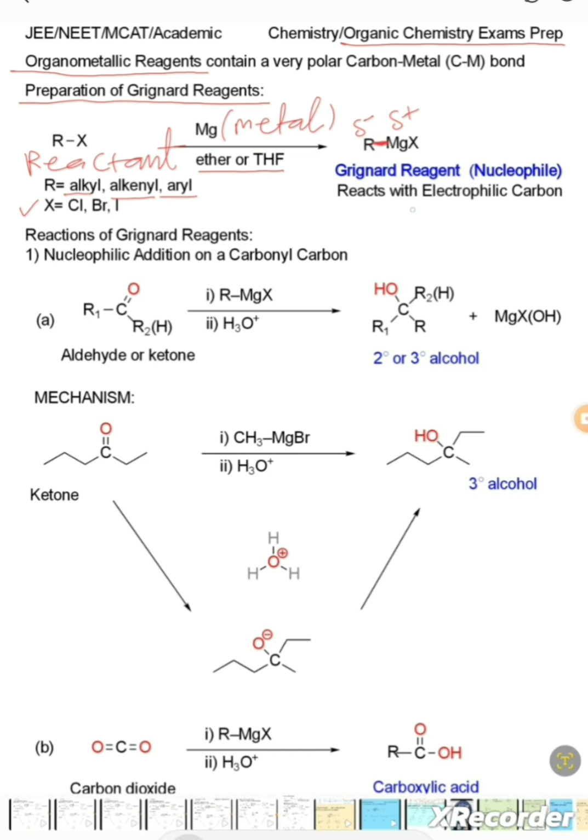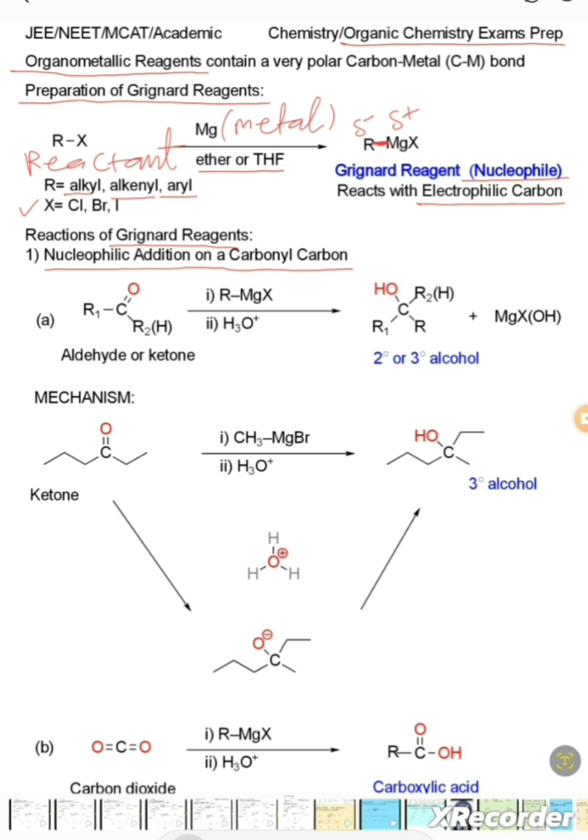So overall the Grignard reagents, just like the Gilman reagents, act as nucleophiles, and so the Grignard reagents will also react with electrophilic carbon centers. So there are four main types of reactions of Grignard reagents. The first of which is nucleophilic addition on a carbonyl carbon.